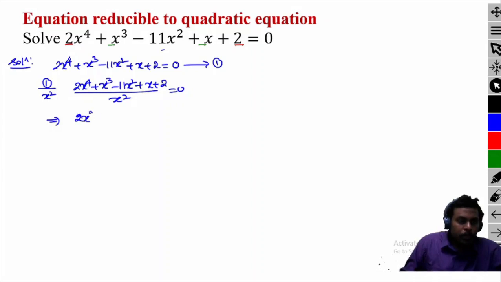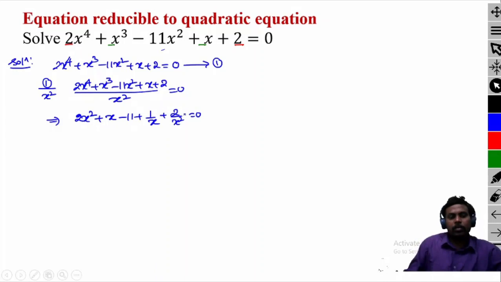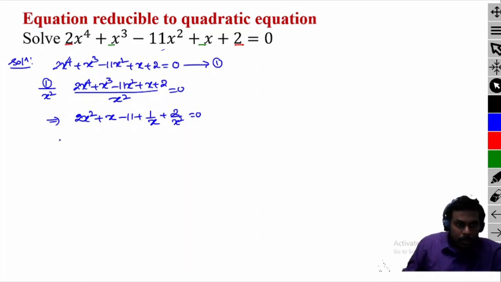So 2 into x square plus x minus 11 plus 1 by x plus 2 by x square is equal to 0. Now what I am going to do here is club these two terms and club these two terms. What has happened here?